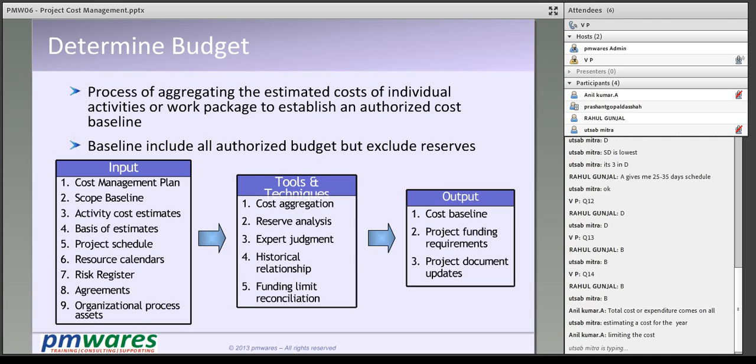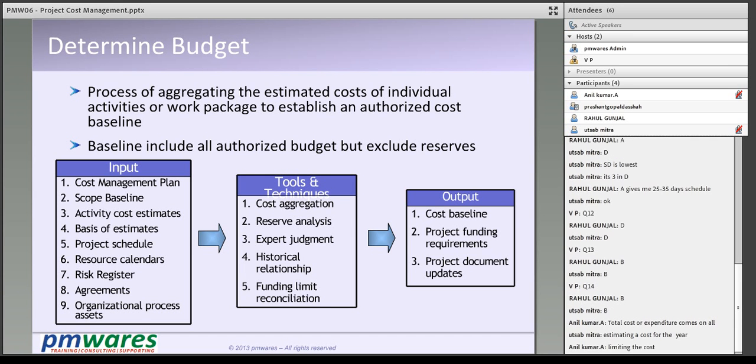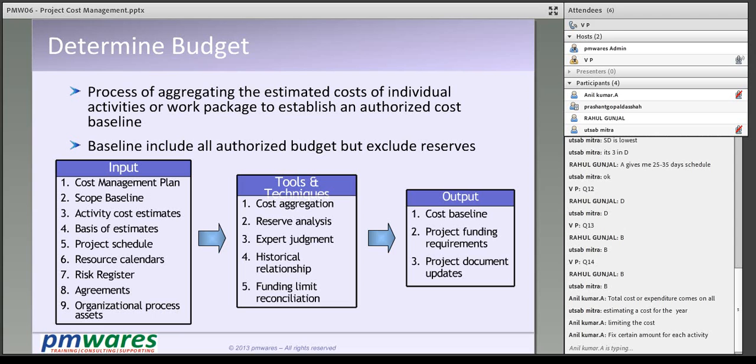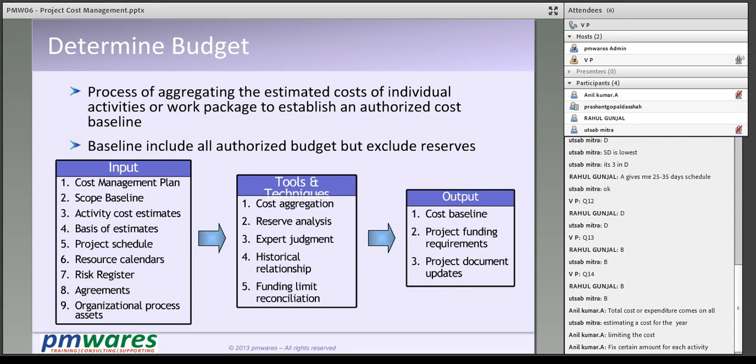I didn't get that. Fix a certain amount for each activity. But that is how you have come out with the estimates. Yes, we did bottom-up estimates.